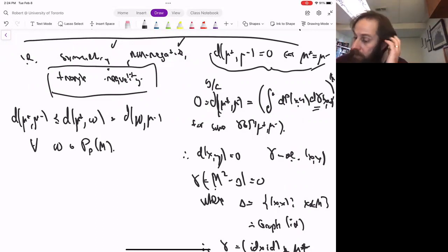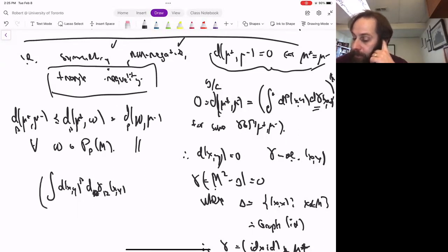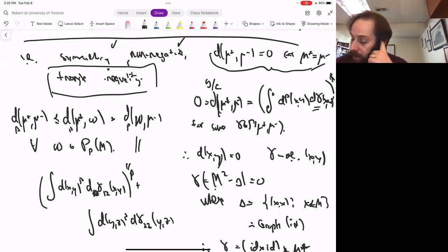And so the right-hand side, sorry, this is dp, is going to be equal to the integral of d(x,y) to the pth power d gamma 1 2 of (x,y), and then the pth root, plus the integral of d(y,z) to the pth power d gamma 2 3 of (y,z), and the pth root.